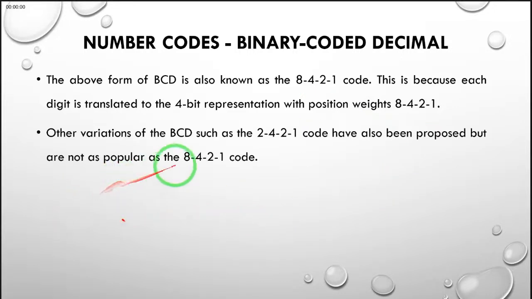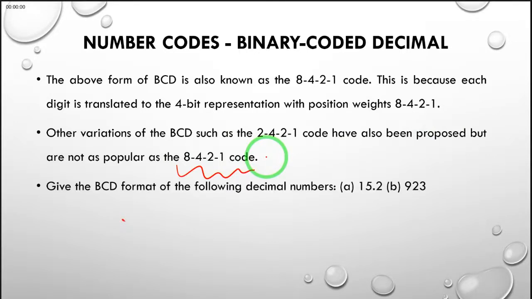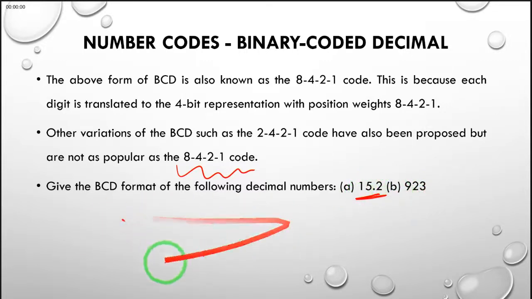Other variations of BCD such as 2421 code have also been proposed, but they are not as popular as 8421, and therefore we remain with the 8421 code system. Now an example: give the BCD code for this number. Very simple. We just take each digit and represent it using its 4-bit binary equivalent, and that forms our BCD code.